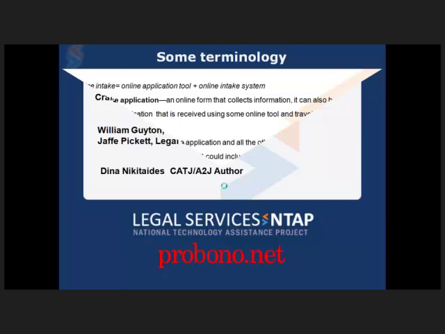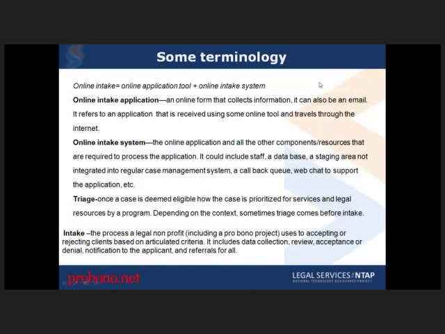So when thinking about online intake, I started talking to different people in the community. And one of the things that really becomes clear is that we need some terminology, because different groups, different funders, different programs define intake in different ways.